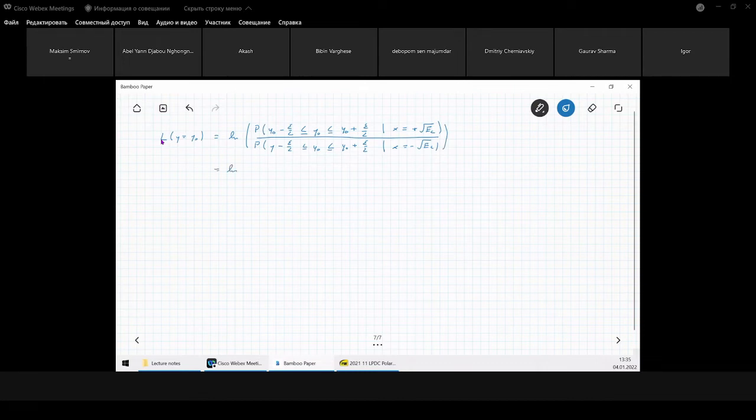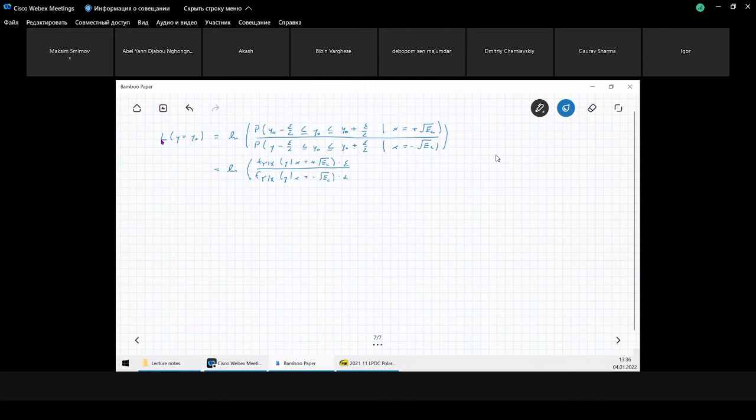So it's the ln between these two distributions, f of y given x being plus square root EC times epsilon, so this rectangular approximation to calculate the integral, divided by f of y given x being minus square root EC times epsilon.